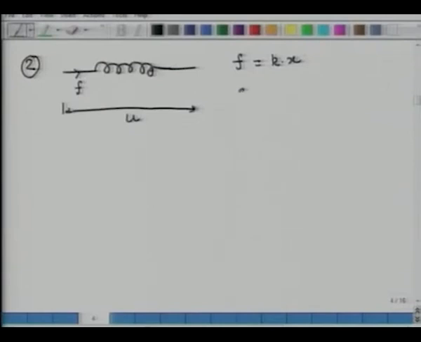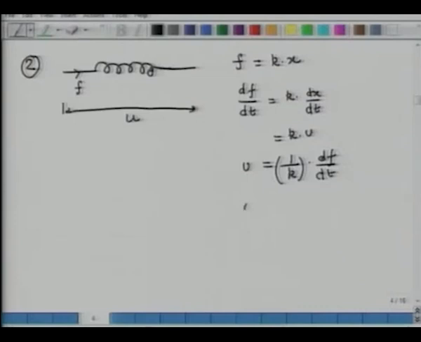So if I differentiate it, I get this relation, K times U. Okay, so if I rearrange, I get U equals 1 over K times the time derivative of force, or I can say, if I have to find force, it is basically, so we'll go to that later, but 1 over K, we term it as Cm, or compliance.